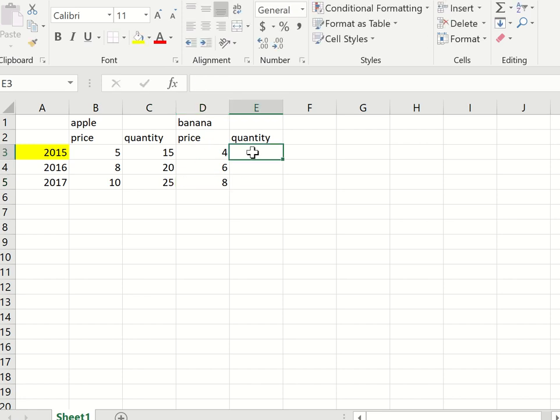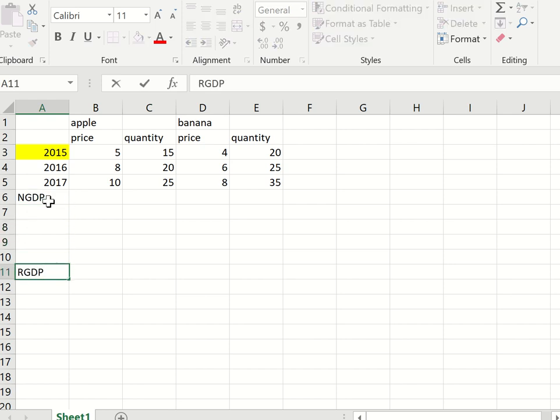Quantity will be 20, 25, and 35. Just random numbers. Okay. All right. So we're gonna find out what is our nominal GDP, what's our real GDP, what's our deflator, and what's our inflation.